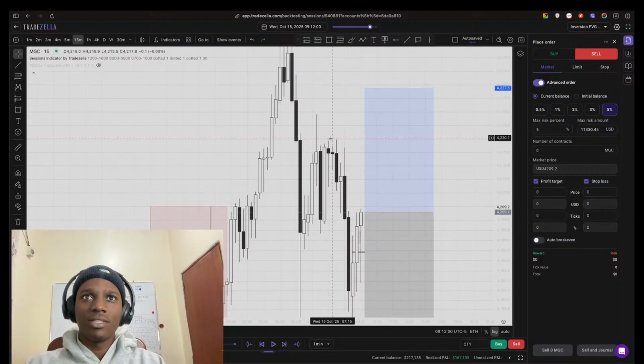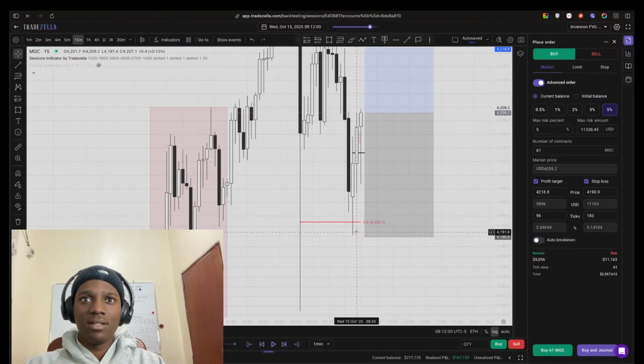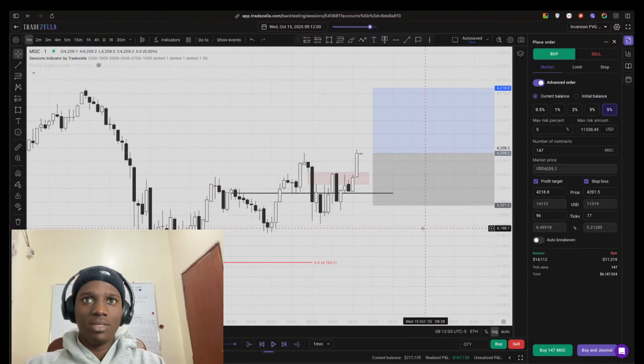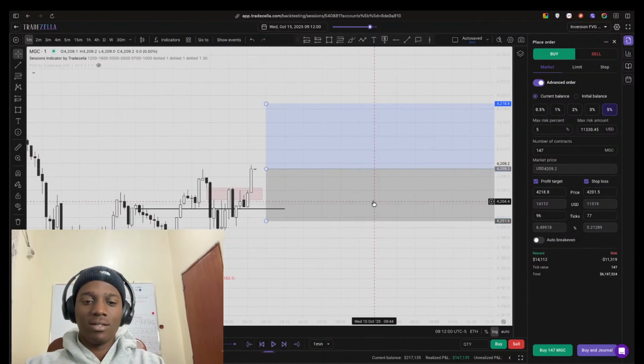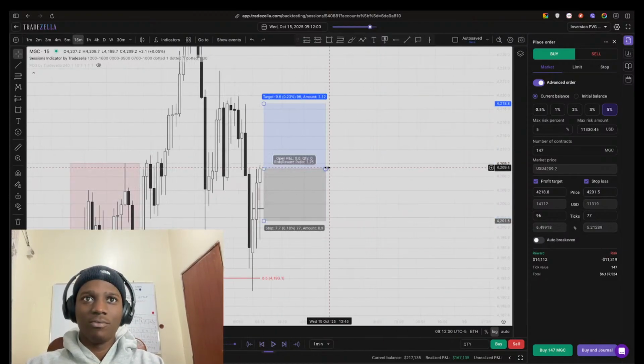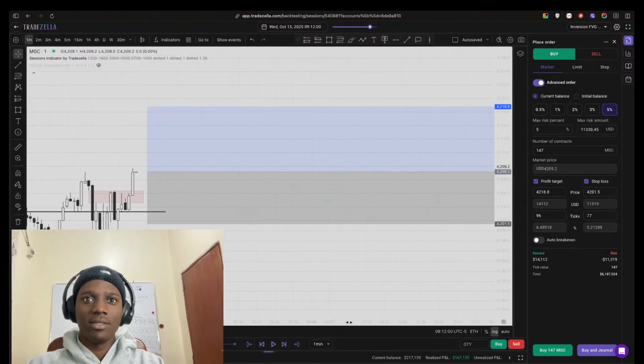Let's see, maybe if we can hit these highs here at least, or this high here, then I'll have my stop somewhere like here. Using the 1 minute, you can have a stop somewhere here. Yeah, it's good. It's like a 1.2 hour kind of trade.